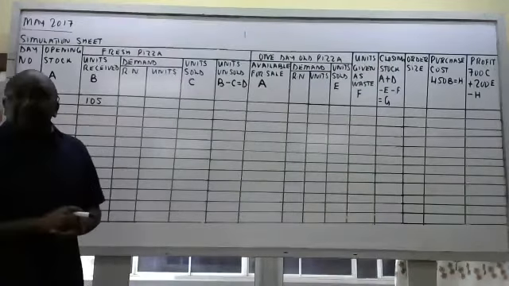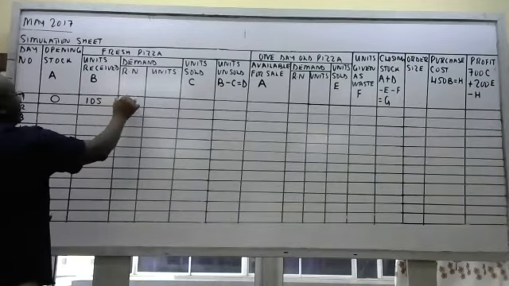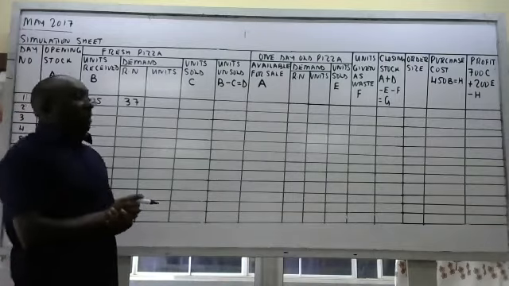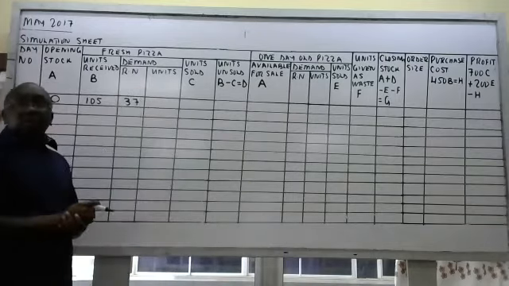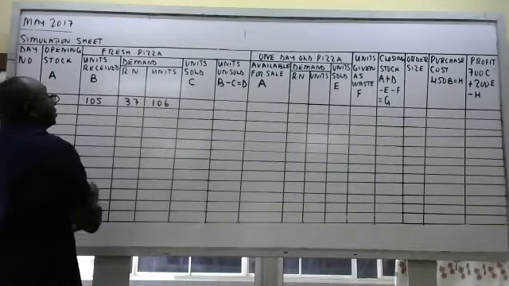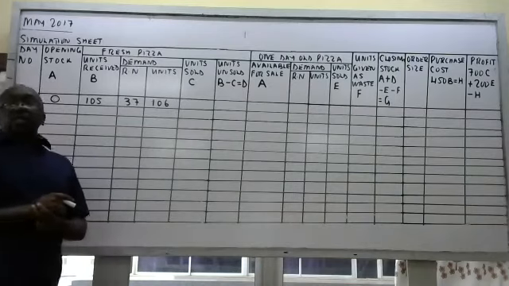Record the first random number. Is that 7? That 7 translates to a demand of how many? 106. So how many units do we sell?